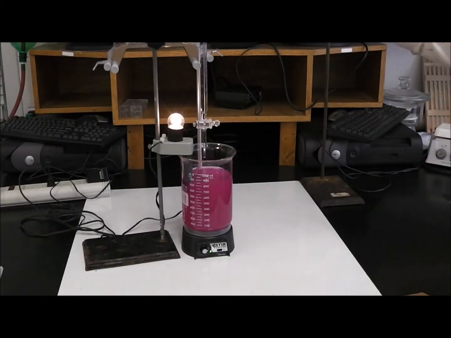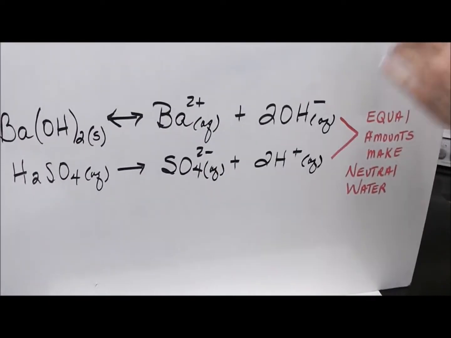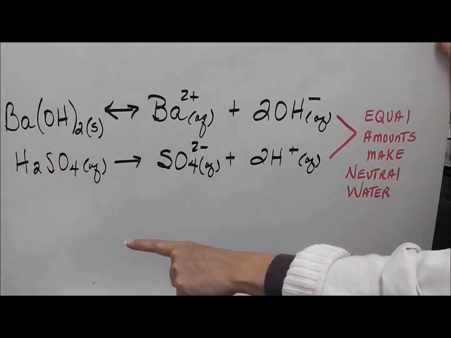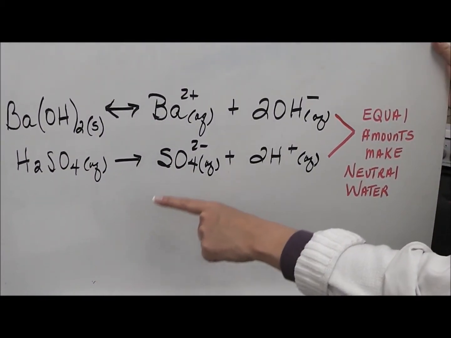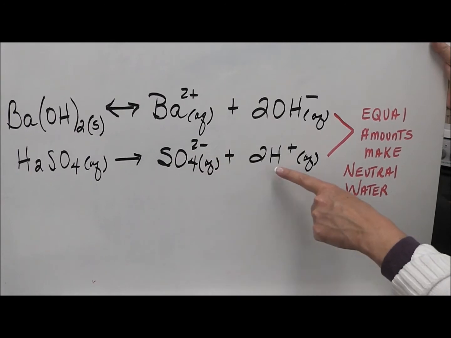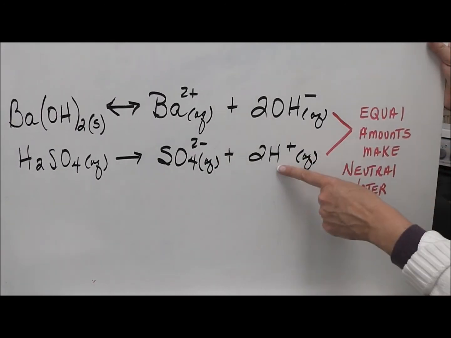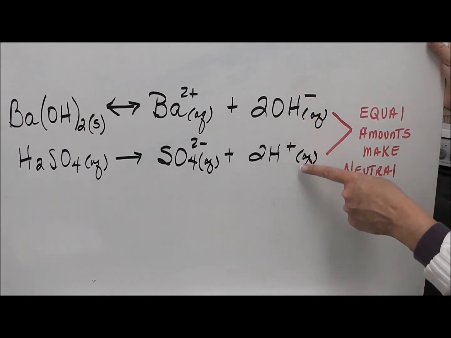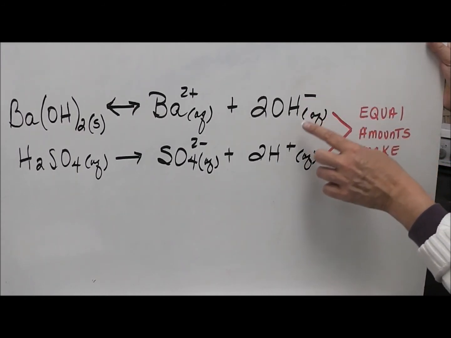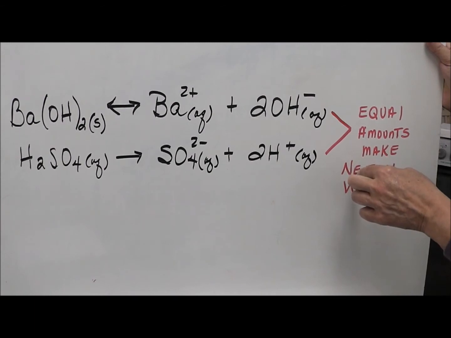Now, in my burette here, I have sulfuric acid. Sulfuric acid is a strong acid and will dissociate into the sulfate ions and the hydrogen ions. The hydrogen ions and the hydroxides will form water. So what happens is those ions get removed from the solution.